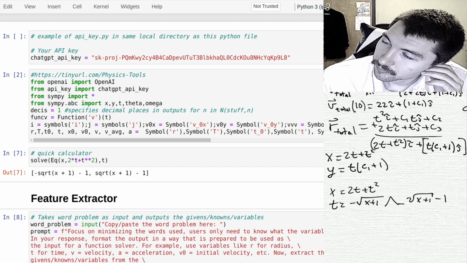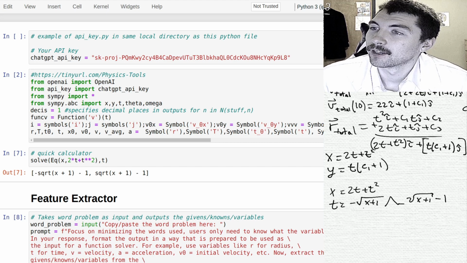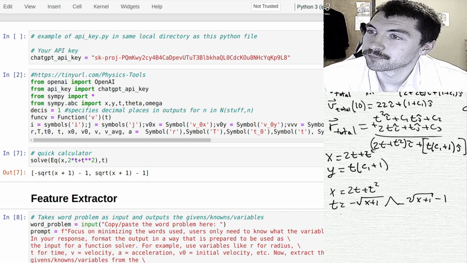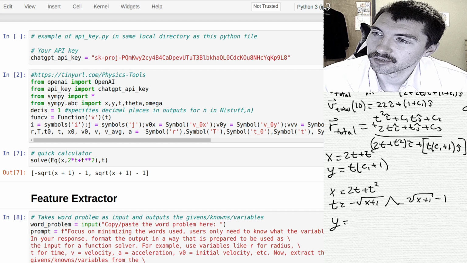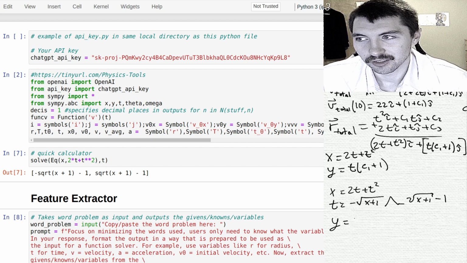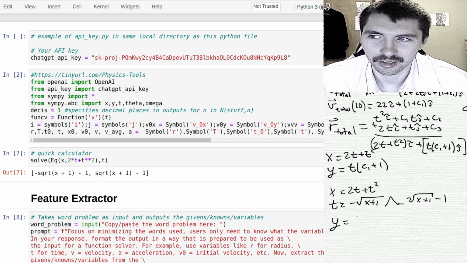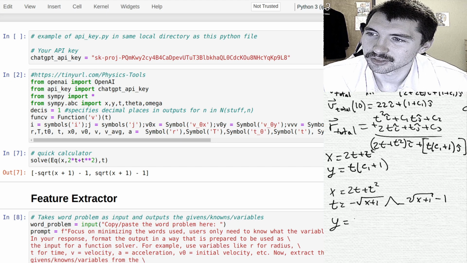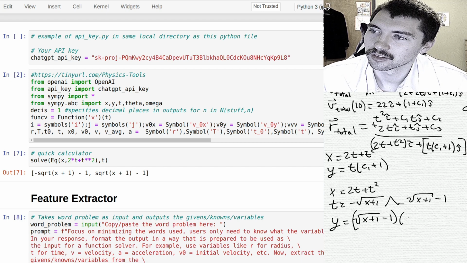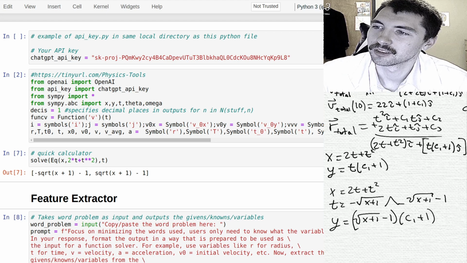Okay. So y is, I think we would choose this one. Just makes more sense to me. So square root x plus 1 minus 1 C1 plus 1. Okay.